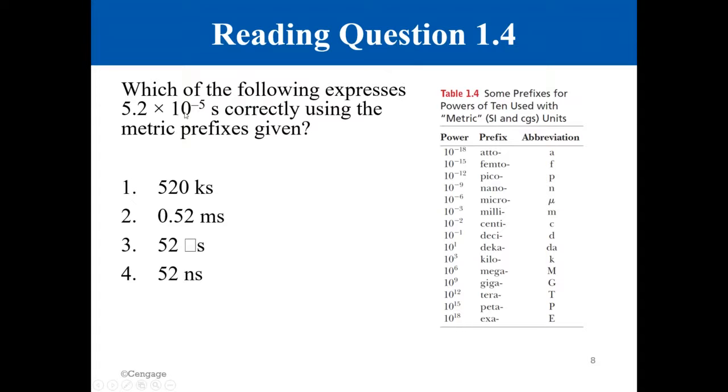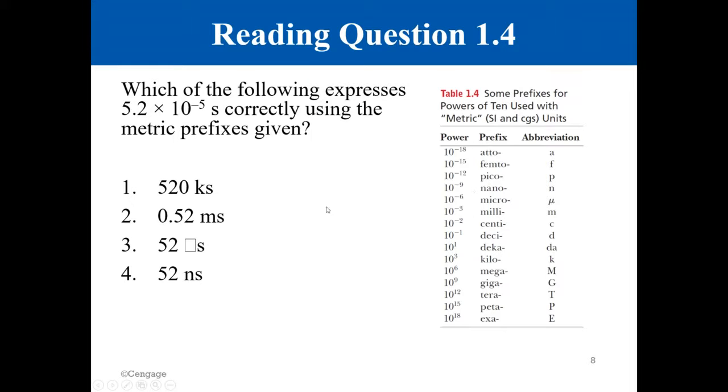So this is not kiloseconds. This is a fraction of a second. So K means kilo, which is 1,000 seconds. So obviously this is not correct. 0.52 milliseconds. This is not correct. Milli means 10 to the minus 3. 52 nanoseconds. Nano means 10 to the minus 9.